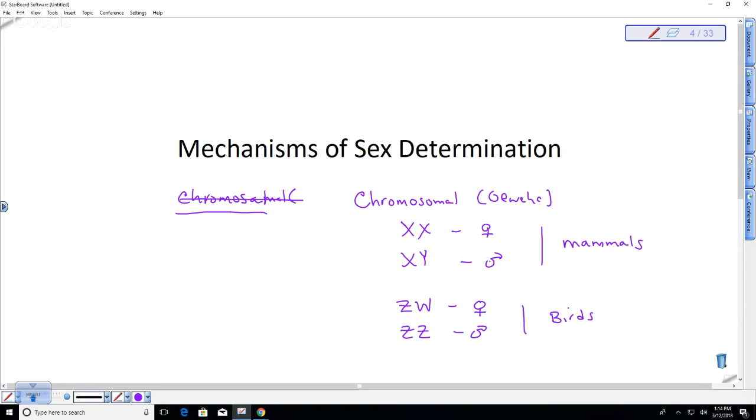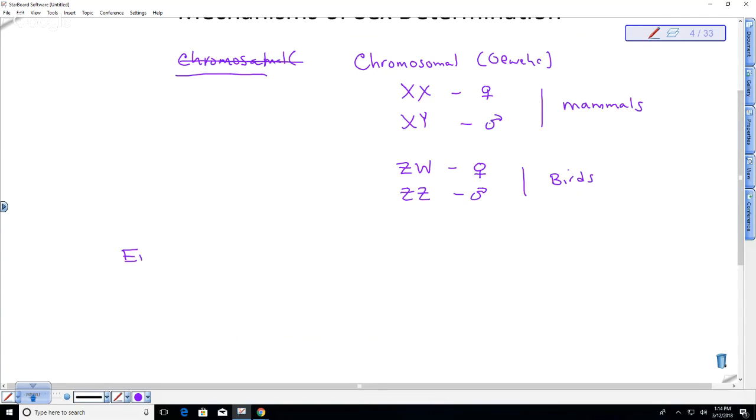Okay. We can also have environmental mechanisms. One thing that can affect sex determination in a lot of reptiles is temperature. So this would be like reptiles. Okay.